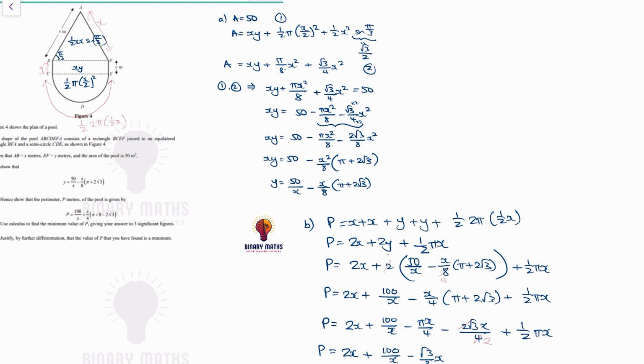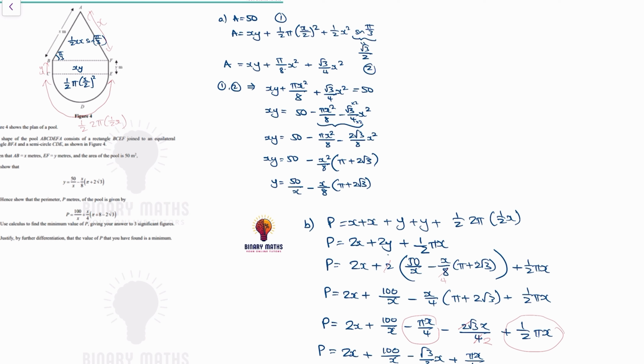Now these two terms, minus a quarter pi x plus a half pi x gives me a quarter pi x. So it's going to be plus pi x over 4. If I rearrange it and keep the 100 over x separate, then I've got plus 2x plus pi x over 4 minus root 3 over 2x.